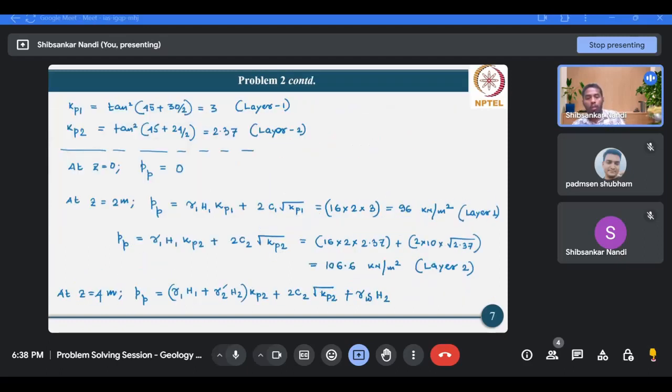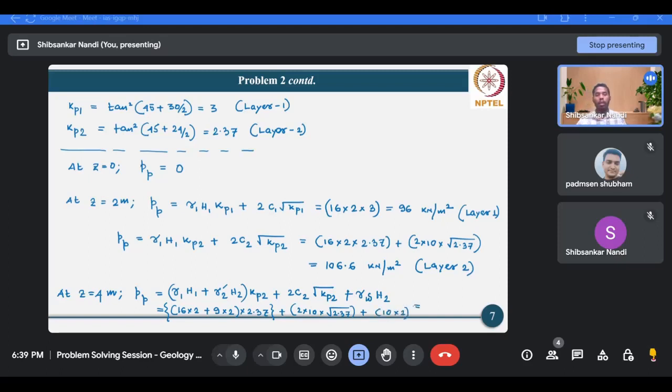Now this will complete the entire expression. So gamma 1 is 16, H1 is 2, gamma 2 prime is 9, H2 is 2, Kp2 is 2.37 plus 2 into 10 into root under Kp2 is 2.37 plus 10 into H2.